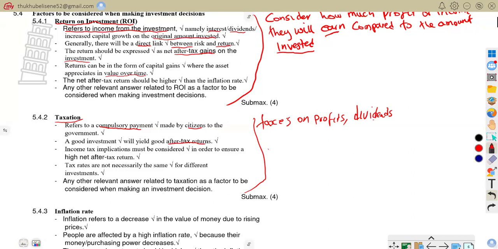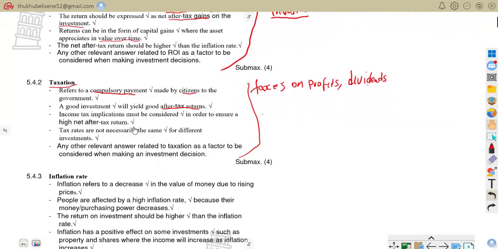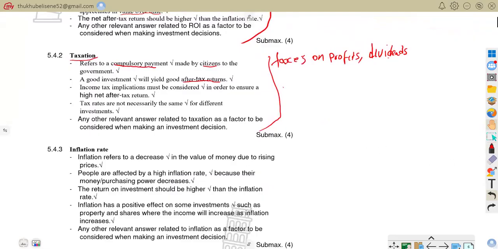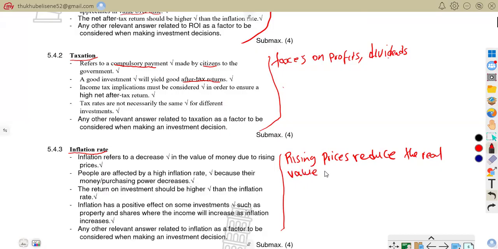Now let us move on to inflation rate. With inflation, we are mainly talking about rising prices that reduce the real value of returns.